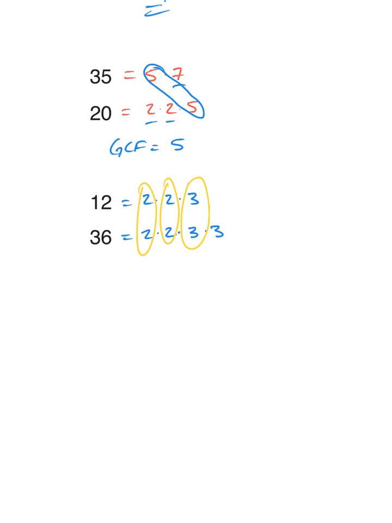So the greatest common factor is the 2 times the 2 times the 3. 2 times 2 is 4, times 3 is 12. So the 12 is totally involved in the 36. The greatest common factor is 12.